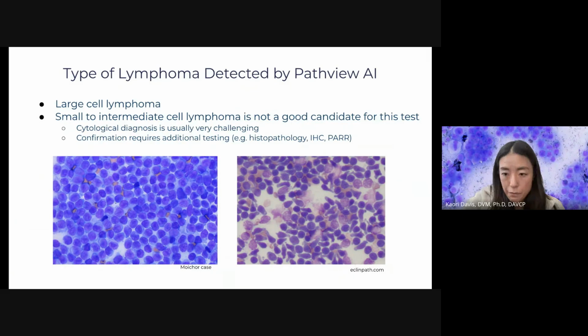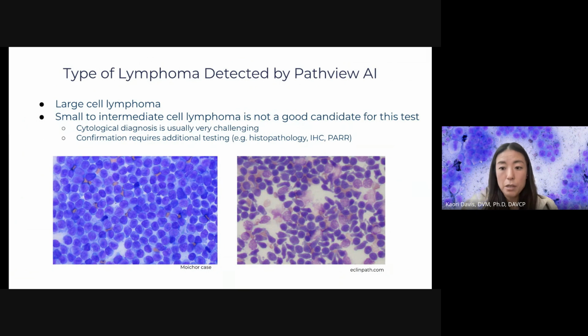So the type of lymphoma that is detected by this test will be the large cell lymphoma, like shown on the left. And small to intermediate cell lymphoma is not going to be a good candidate for this test because the cytological diagnosis of the small to intermediate cell lymphoma is very challenging, as we discussed earlier.